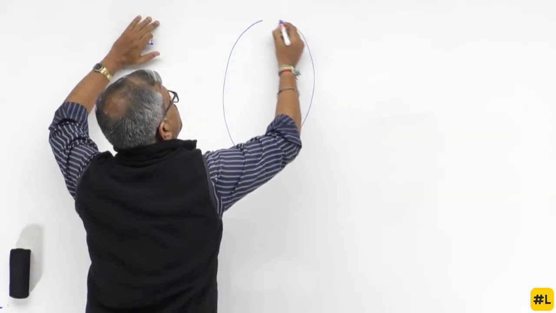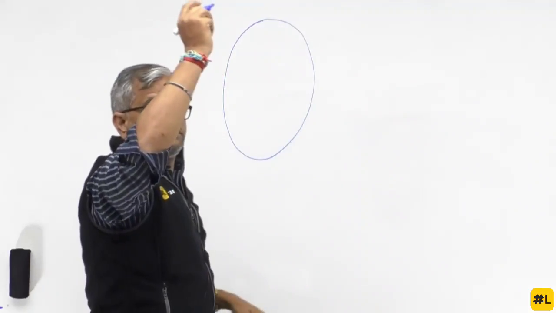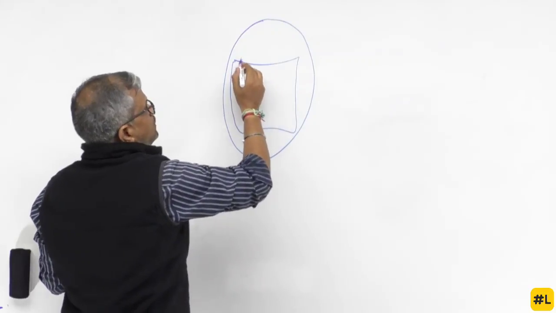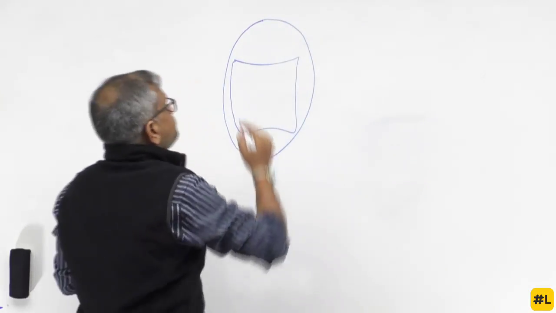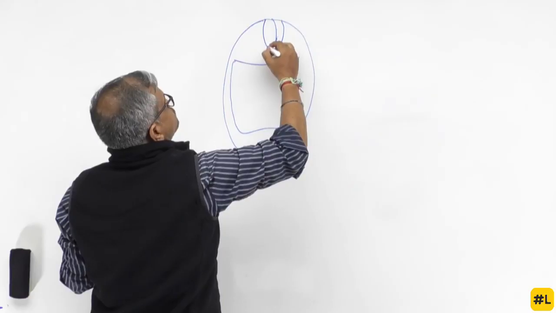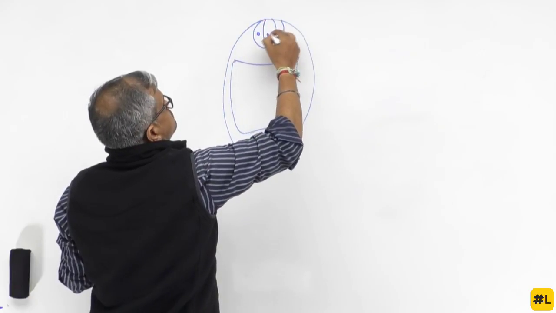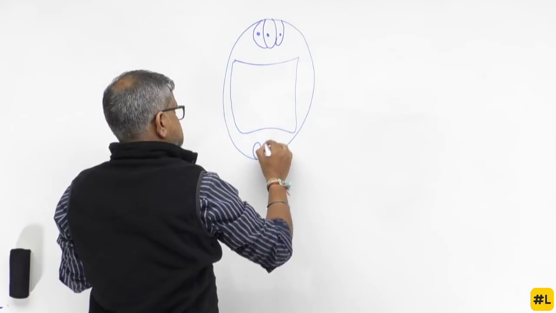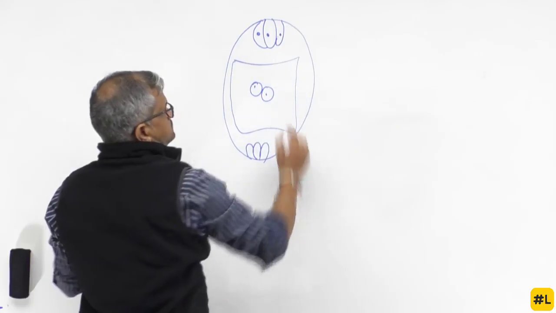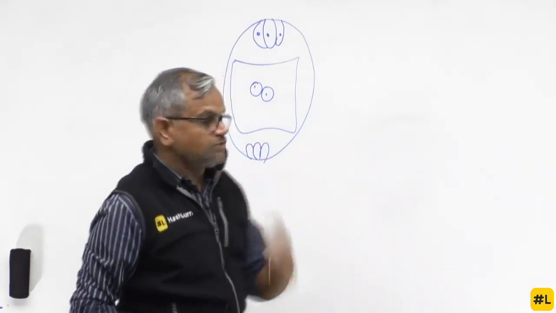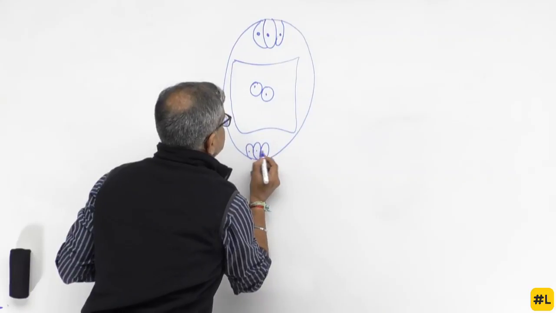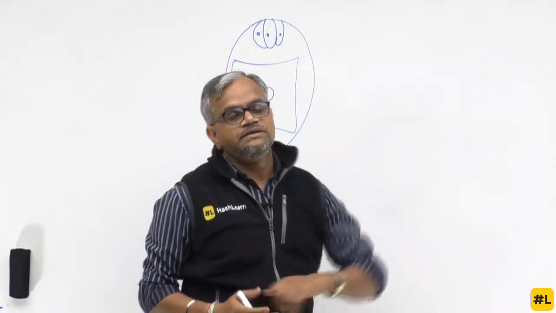As I told you, it is a globose structure, and in this globose structure, this is the central vacuole. This is the 3-celled stage, here also 3 cells, here also 2 cells. If you see here, the total structure has 8 cells.